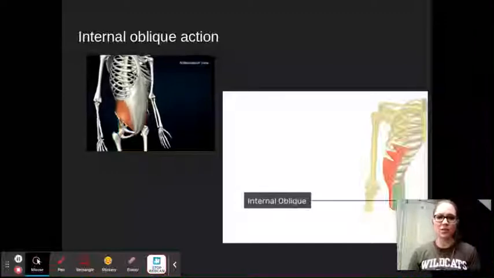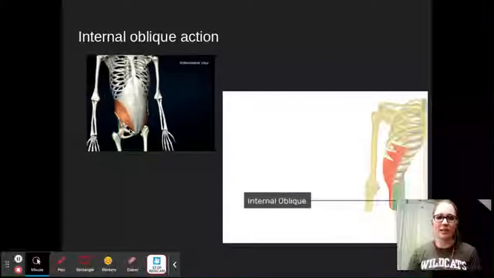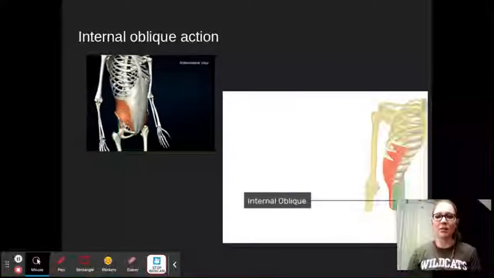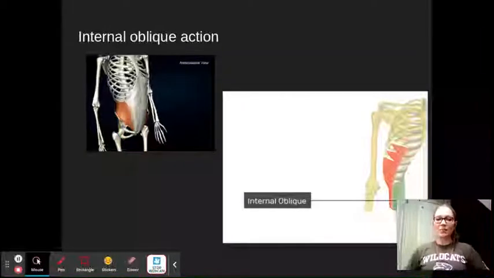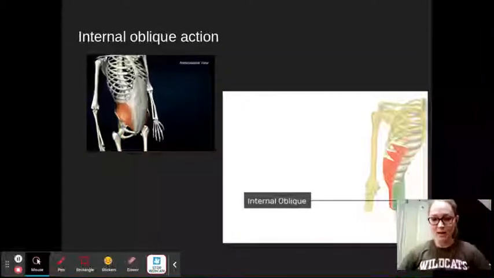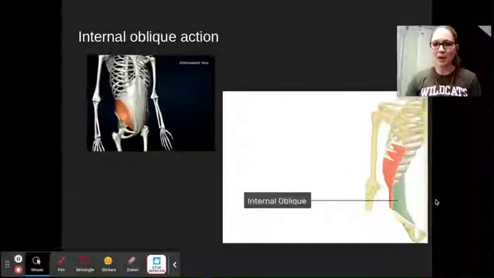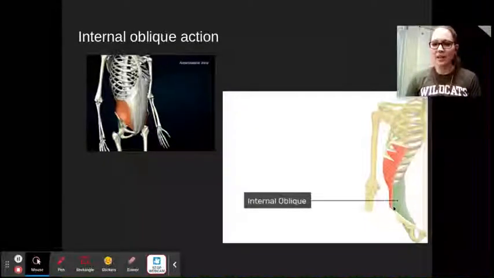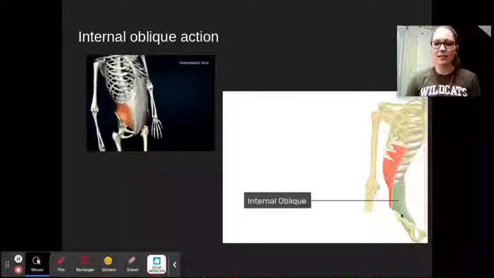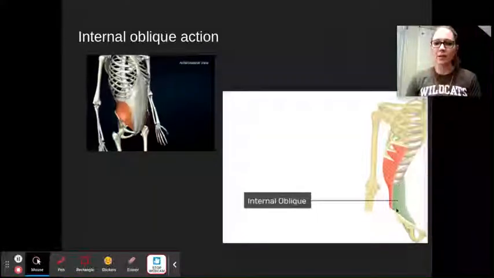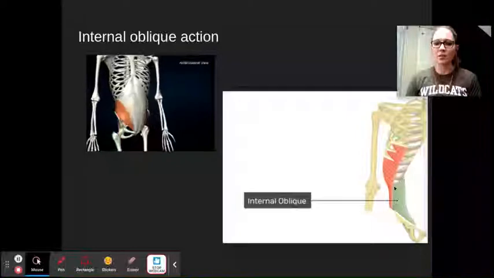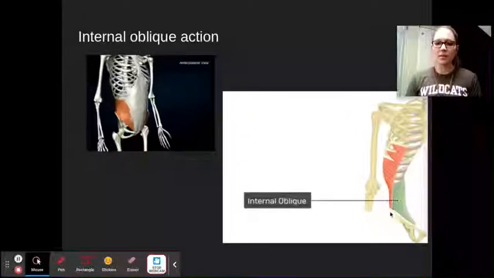This is the internal oblique that's highlighted here. There's that rotation that we were talking about. And then what's not shown is that flexion forward at the hips. My little thing is in the way, so I'll move it for a second. Here's that internal oblique to give you guys an idea about where it is. And there's our insertion that we talked about, and there's our origination.